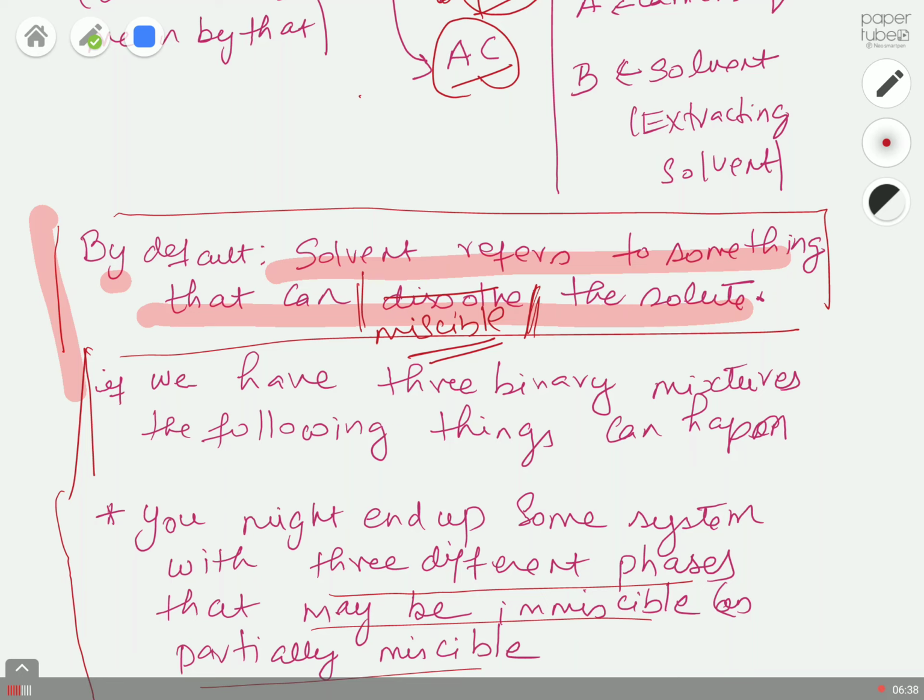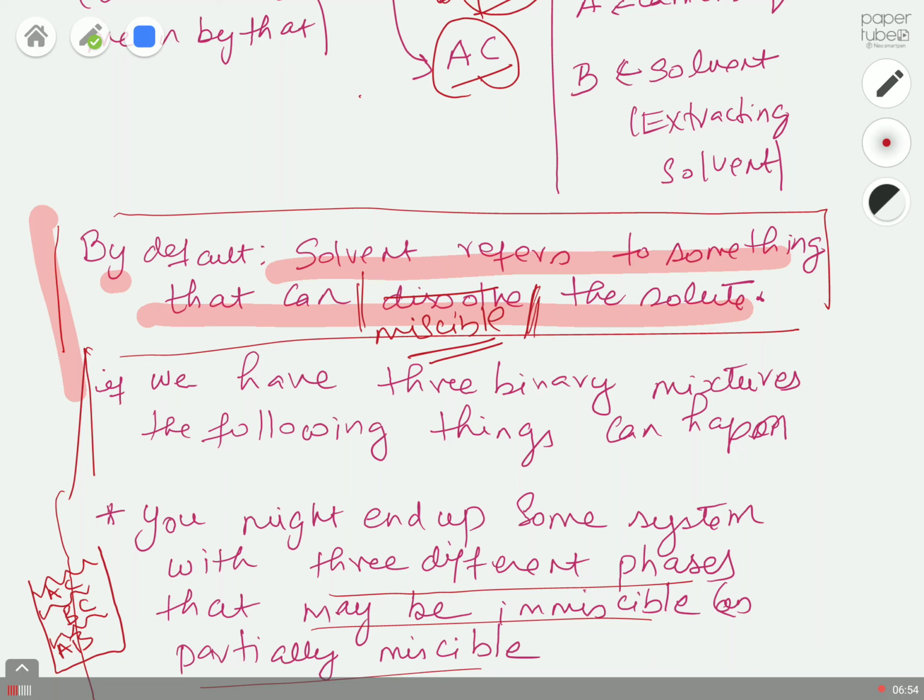If that's your reactor, you might end up with 3 different phases: one may be AB, another BC, another AC.